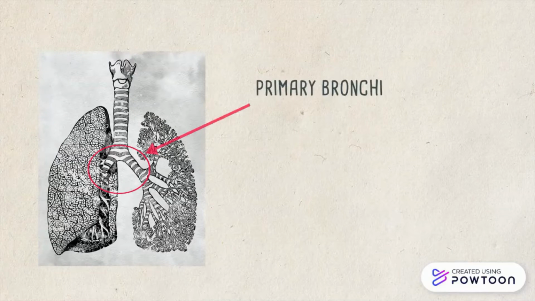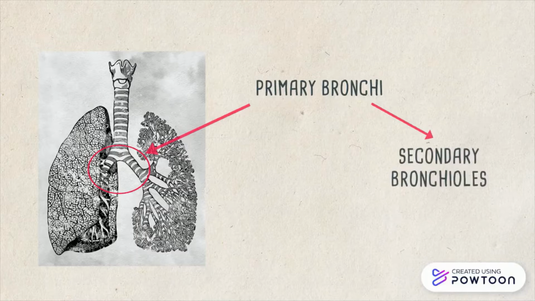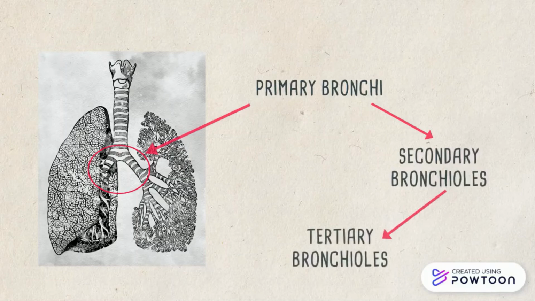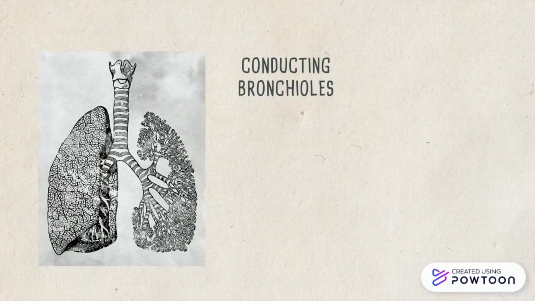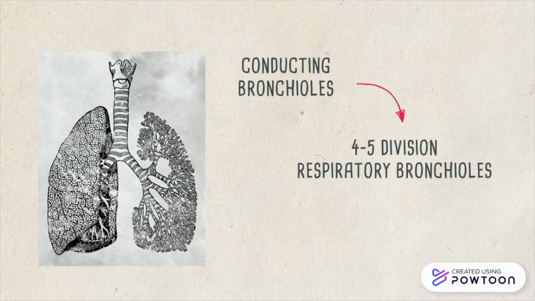The primary bronchi then divide into the secondary bronchioles, and the secondary bronchioles divide into the tertiary bronchioles. Next, the tertiary bronchioles will further divide to form the conducting bronchioles. These conducting bronchioles then form a 4 to 5 division series of respiratory bronchioles. These respiratory bronchioles are in turn connected to the alveoli.